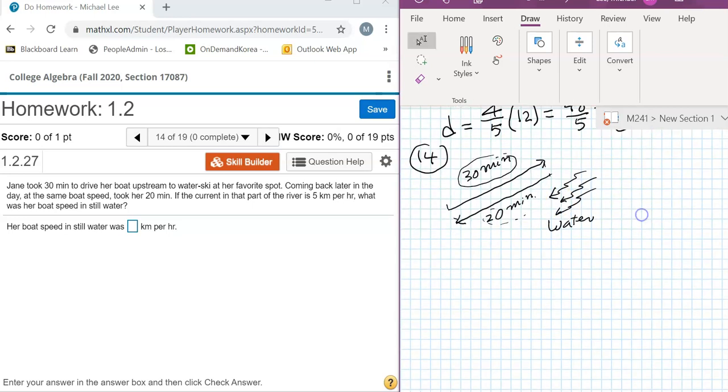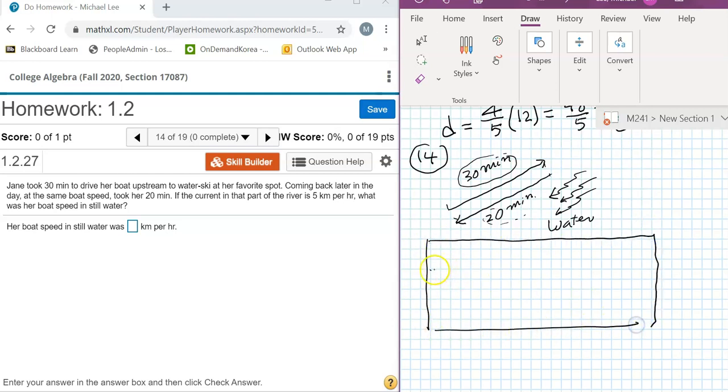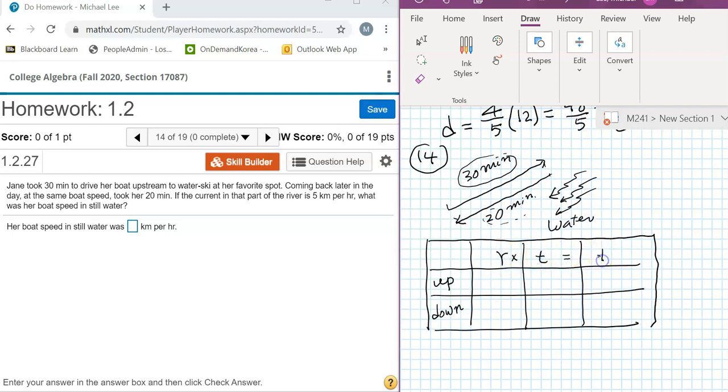So now let me do some table again. What was the table? 3 rows and 4 columns again. And then 4 columns like this. And then this is upstream. This, then, I'll say downstream. Rate times time equals distance. Remember that?